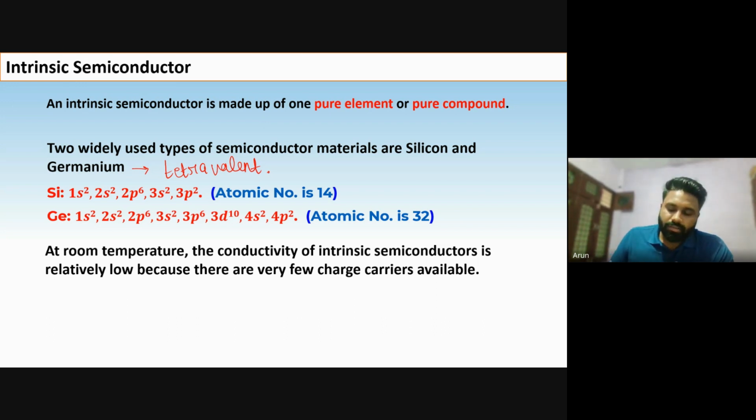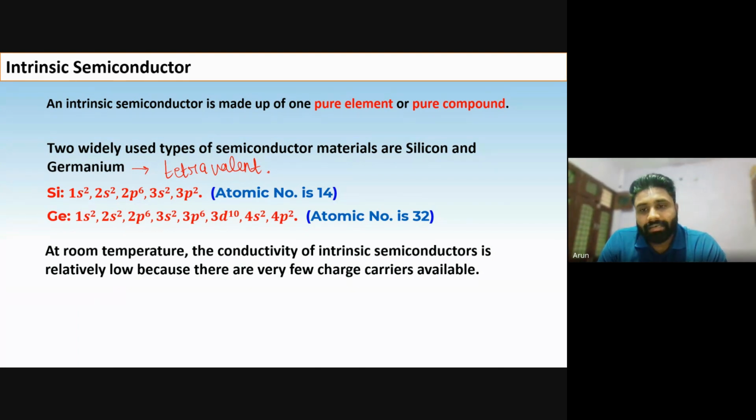But what is the problem with intrinsic semiconductors? They are not very conductive at room temperature. All our devices work slightly above room temperature, but basically we want a semiconductor that could be run feasibly at room temperature.